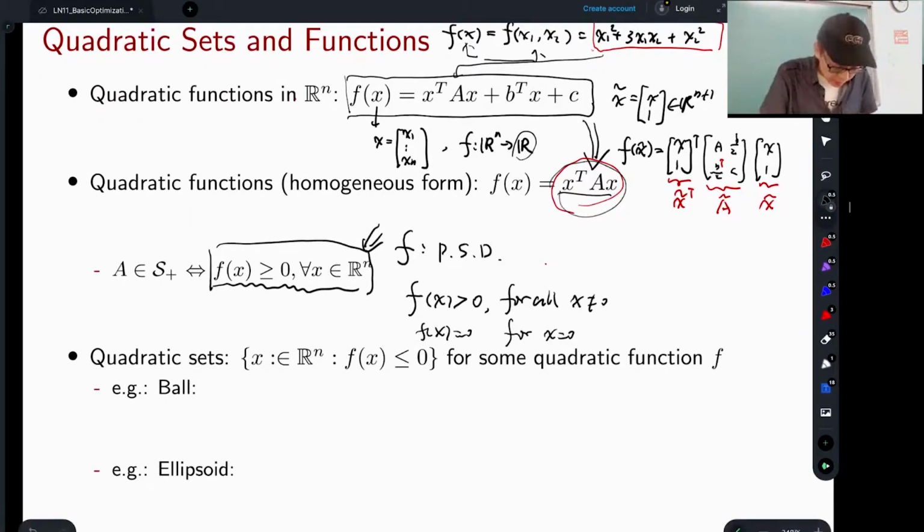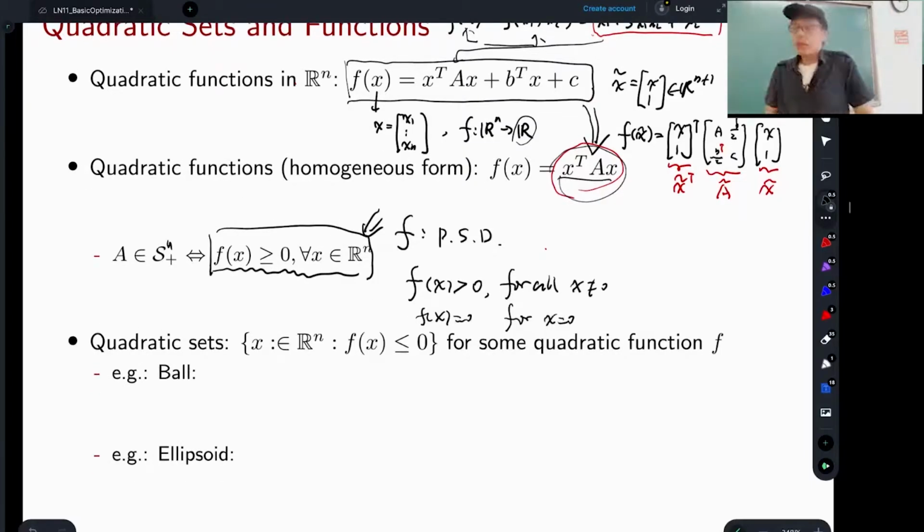I think that's a few remarks. Again, we say quadratic functions. Then, as I mentioned, all the sets are represented by level sets. 等高线是吧？你说的这叫 level sets or sub-level sets or super-level sets of functions. So when we say quadratic set, they are typically represented by quadratic functions.